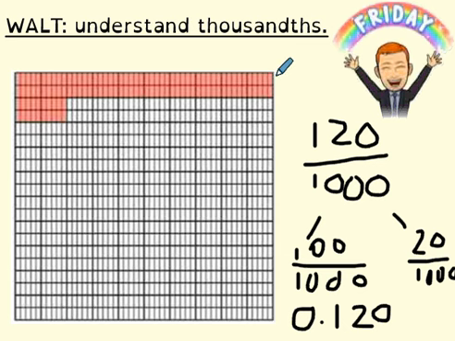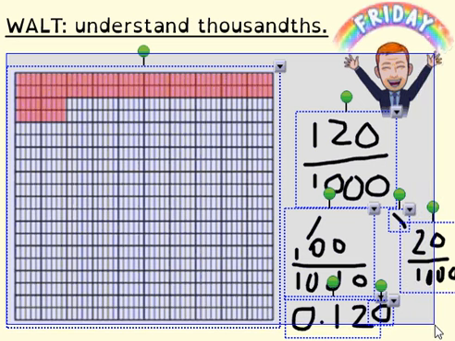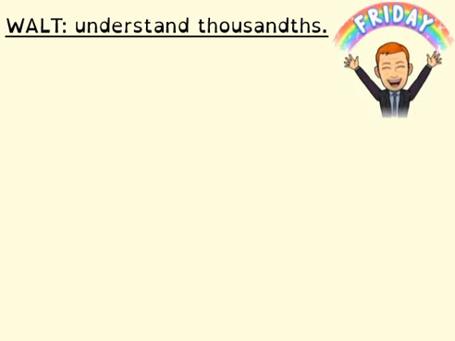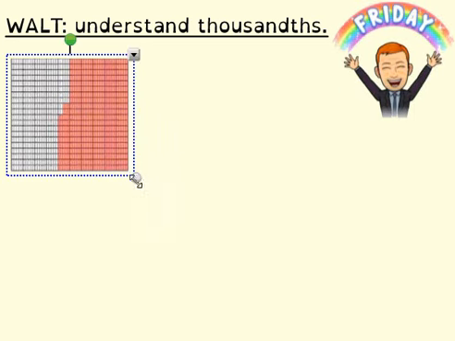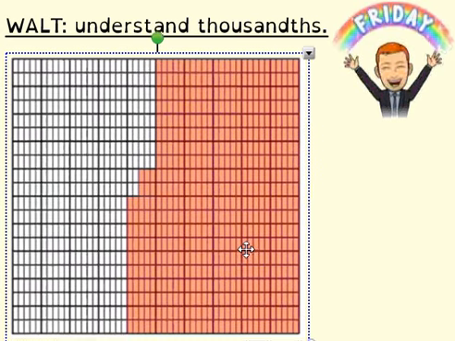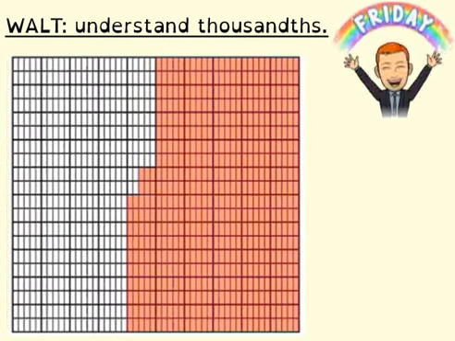Let's look at one further example of interpreting thousandths on a 1,000 square. We get a little bit trickier. Now, my question would be to you this time, what fraction again is shaded in? We said each individual square represents 10 thousandths. We had 10 squares shaded in.